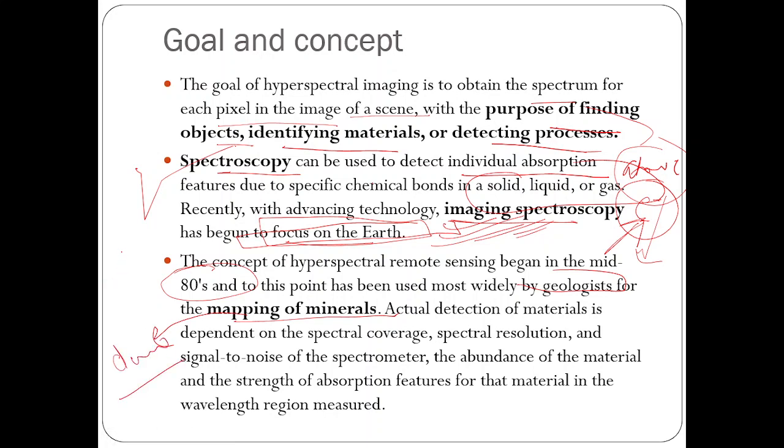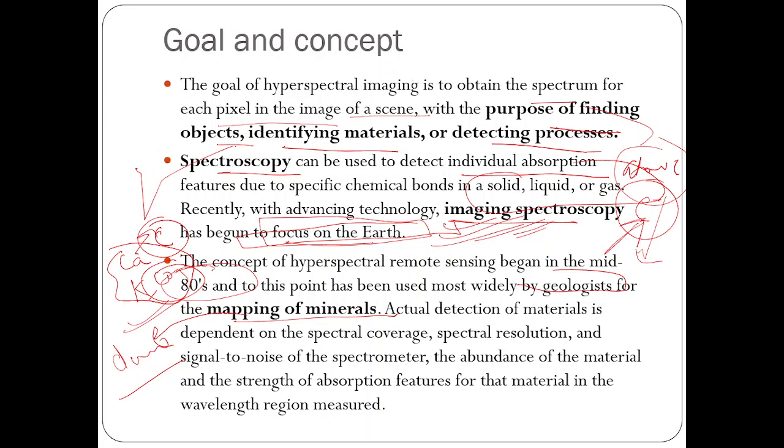As we know, if a rock is there, it might contain some portion of calcium, some portion of potassium, or it may contain carbonates, or other types of metallic compounds like carbon. So different elements are identified with this help.